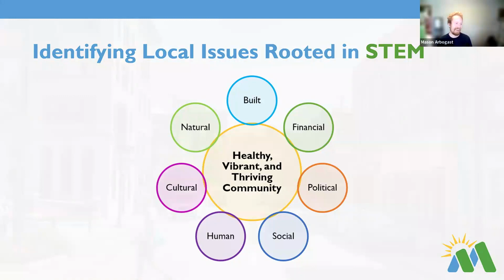They'll have good livelihoods, good connections. And so these capitals, built, financial, political, social, human, cultural, and natural, all kind of tie in together to build up these communities. And so with STEM, a lot of times we see this in the natural and human and maybe social and built side of things.